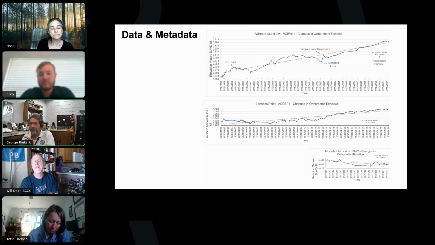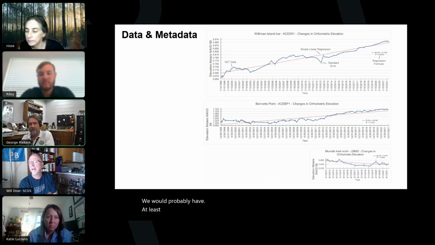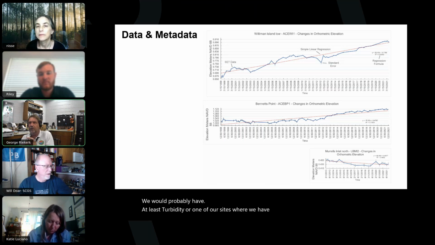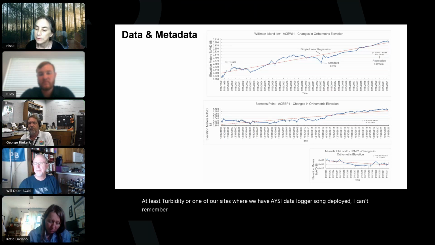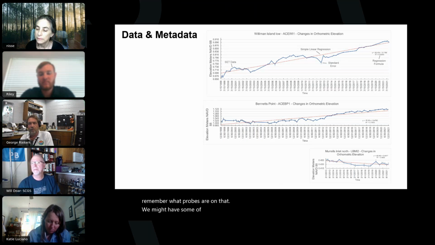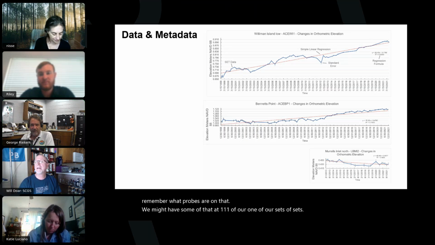We would probably have at least turbidity for one of our sites where we have a YSI data logger deployed. I can't remember what probes are on that. So we might have some of that at one of our sets. But that's as close as we could get.